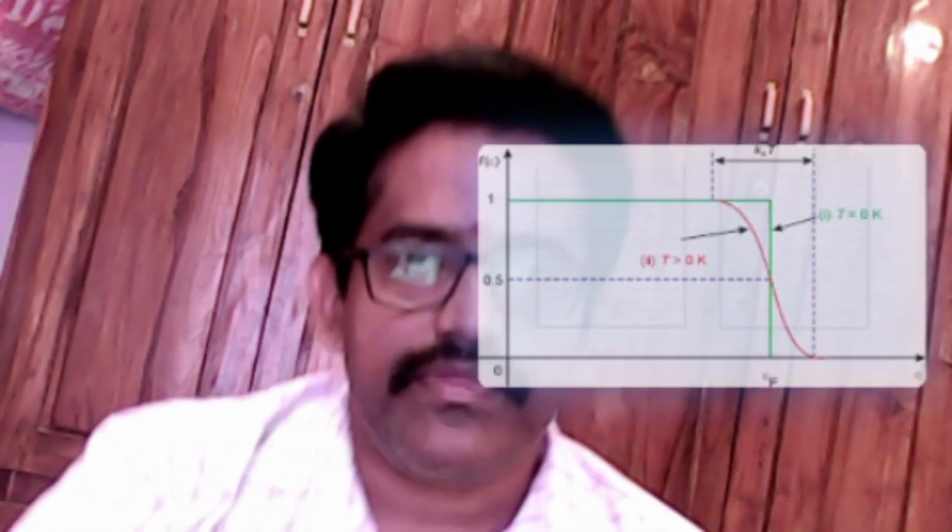Now, if you move to other than 0 Kelvin, which means if you increase the temperature, then what happens? The electrons will move from the Fermi energy level to a higher level. So at the Fermi level, f of E is equal to 1 by 2.